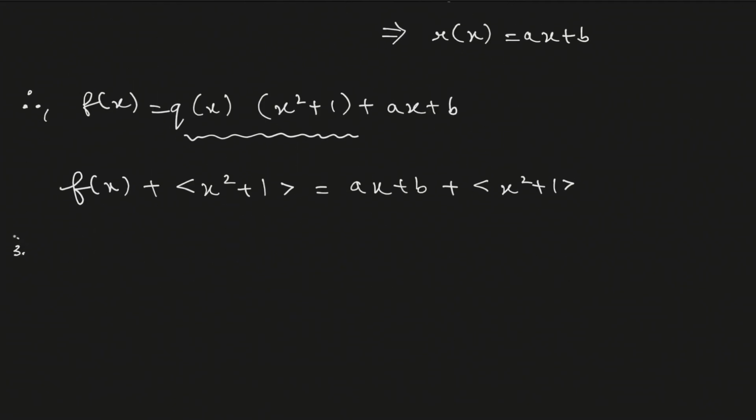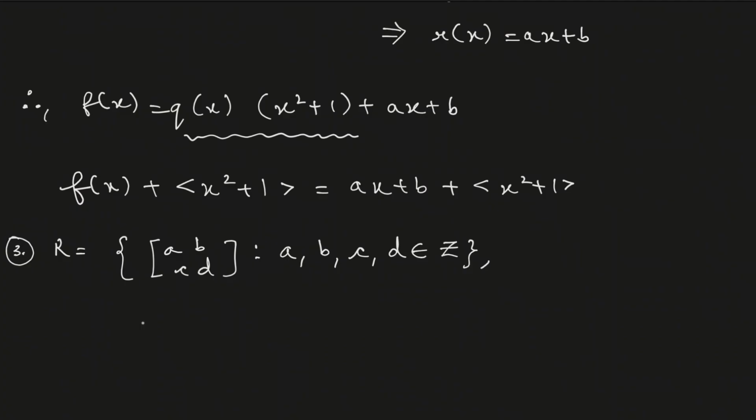Third example: the ring is the set of 2 cross 2 matrices where entries are from the integers. Ideal I consists of matrices x, y, z, w, where these entries are from 2Z.